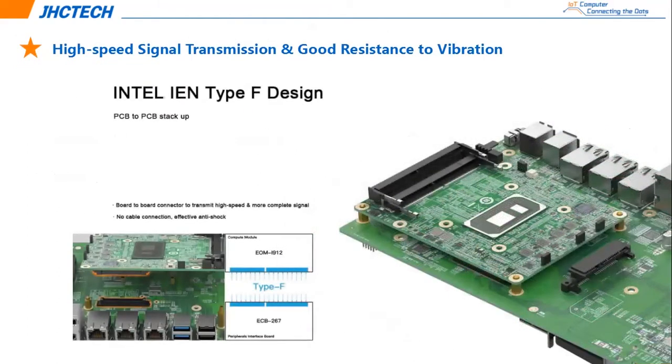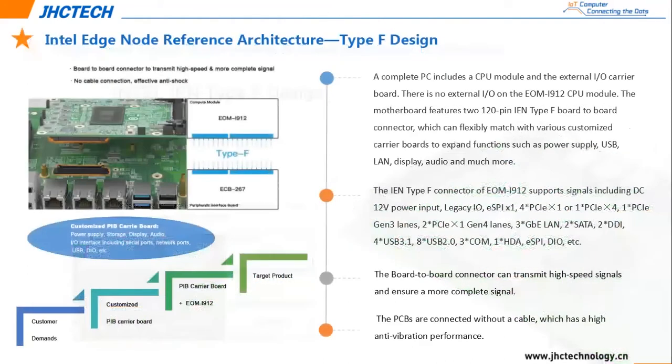The motherboard EON i912 and the subcard adopt the Intel Type F design standard, which can obviously improve shock resistance, and it can also support various kinds of I/O high-speed signals. We all know that a complete PC can include a CPU module and an external I/O carrier board.